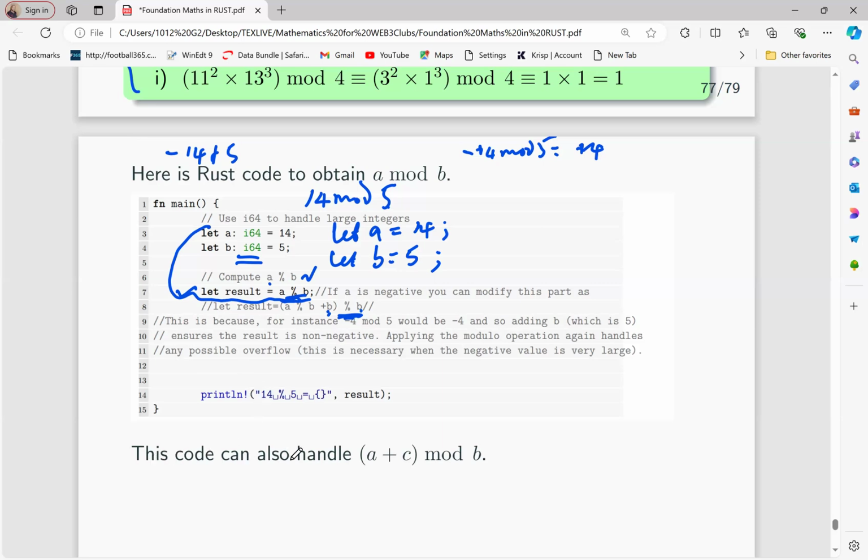And I've said this code can also handle A plus C mod B. Let me just try to open it. Let me find out where it is.